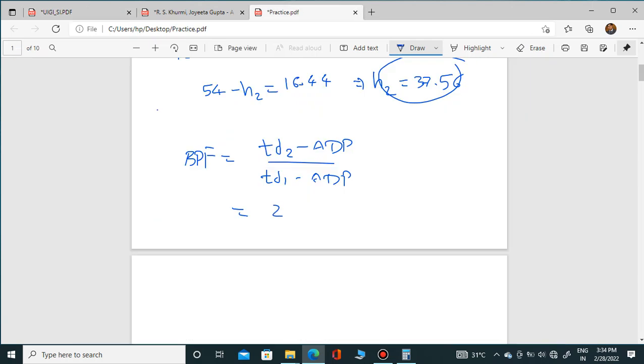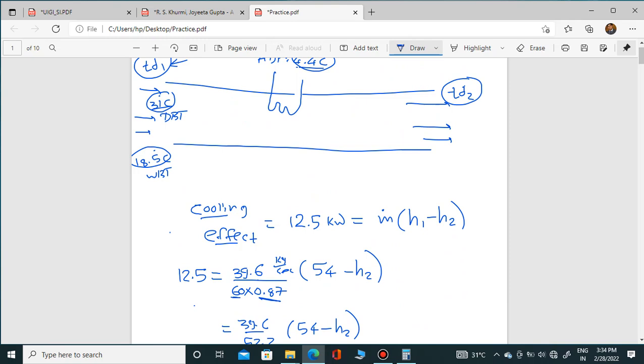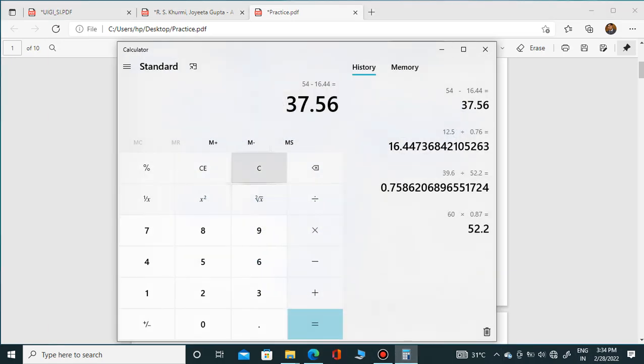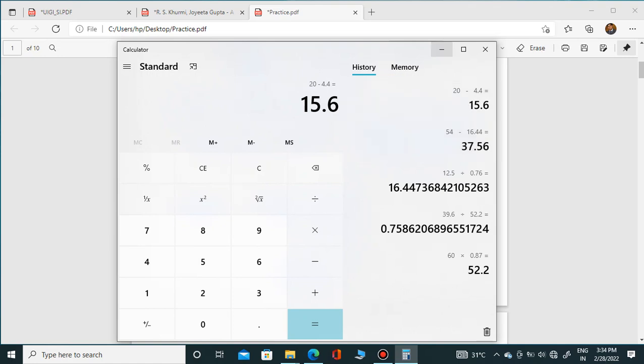So 20 minus ADP, which is 4.4, and TD1 was 31 degrees centigrade. So let us write 31 here and 4.4 here. This is how we can find the bypass factor. So 20 minus 4.4 is basically 15.6.